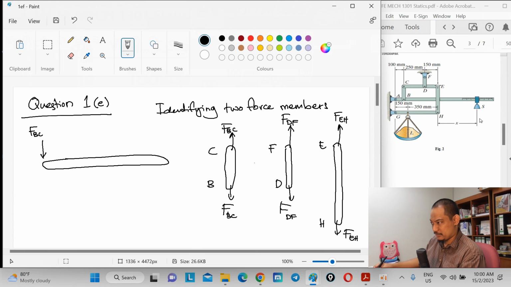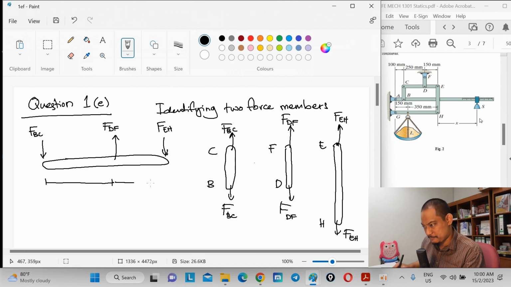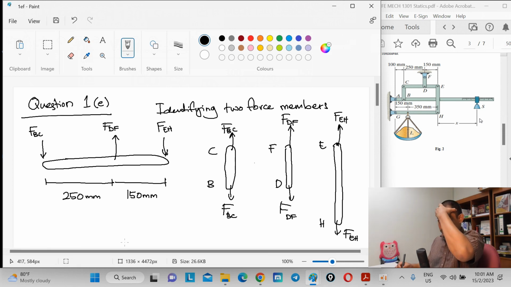At this point EH is also connected, so FEH, and also at point D somewhere there, FDF. So those are the forces. The distances are 150 millimeter and 250 millimeter. Alright, so that's one free body diagram.